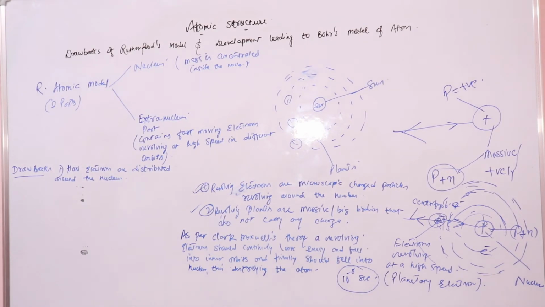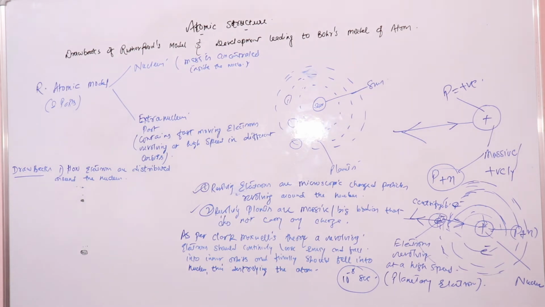So these two are important points. So remember Clerk-Maxwell's electromagnetic theory says that it should fall into the nucleus because a charged revolving body will keep continuously losing energy, and will keep falling into the inner orbits.